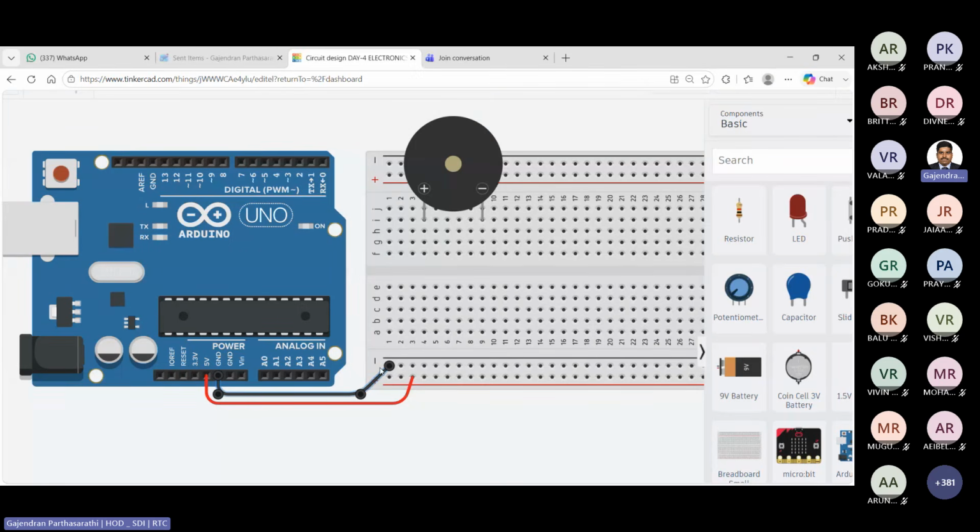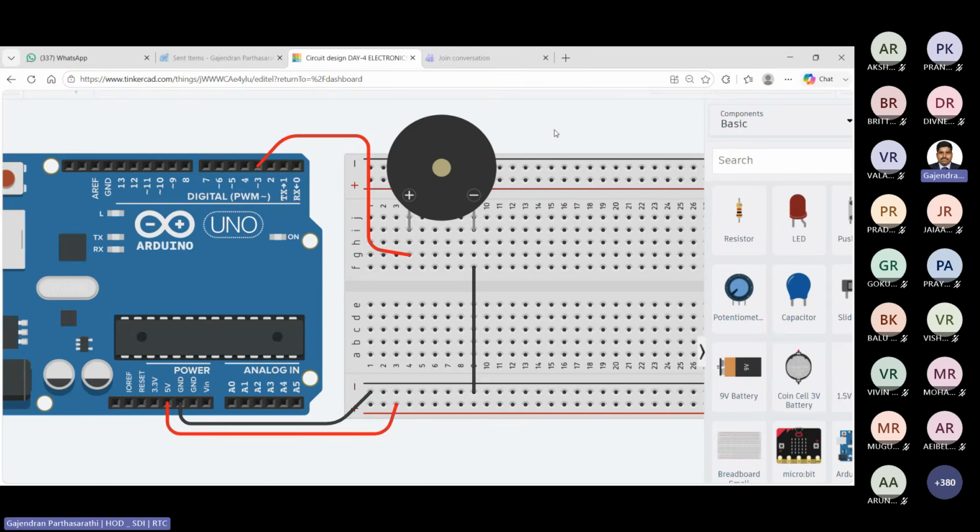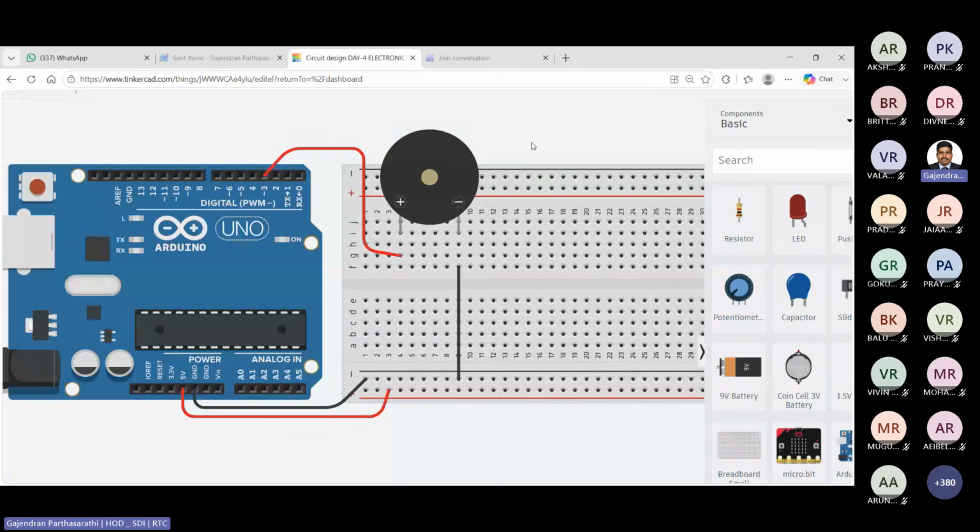The negative terminal, I am going to connect straight to the ground. The positive terminal I am going to take from any one of the PWM pins. Here I am going to take pin 3. That's all. Please do this hardware connection.